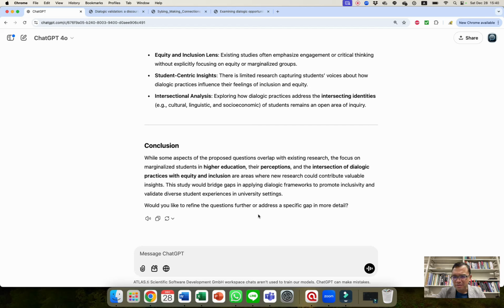Let's see if I can refine. Let's see if I can critically dive a little bit deeper into it. Would you like to refine? Looks good so far. But I notice that the sources that you use already exist in the papers I've attached.